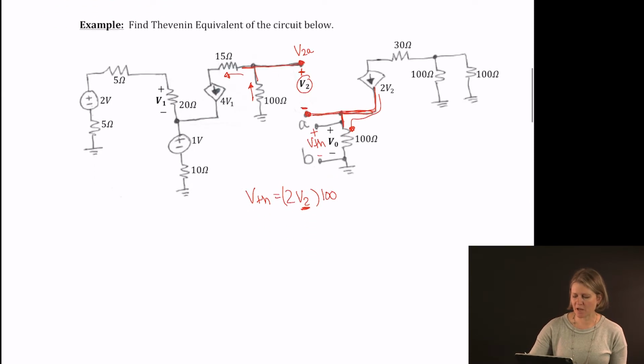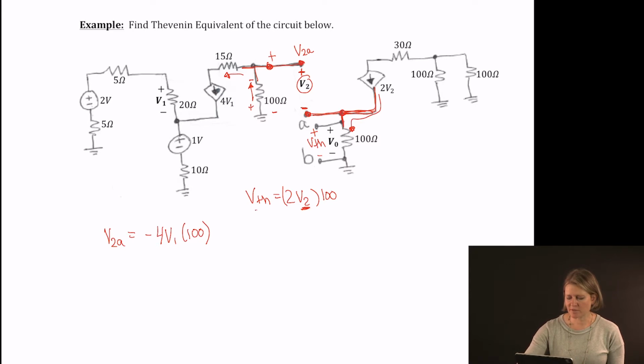So my V2A is just going to be that current source, and it's going to be opposite the value, which would be plus here to ground in comparison. So this is going to be a minus 4V1 times 100 is going to be my V2A.